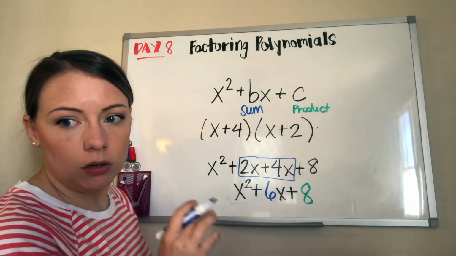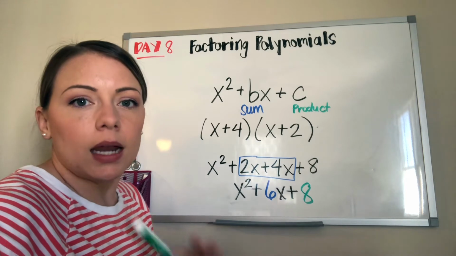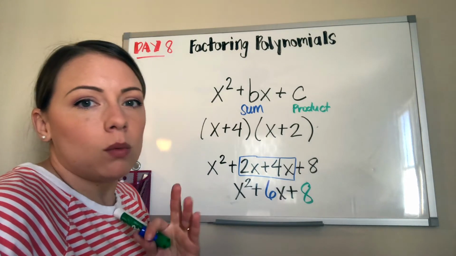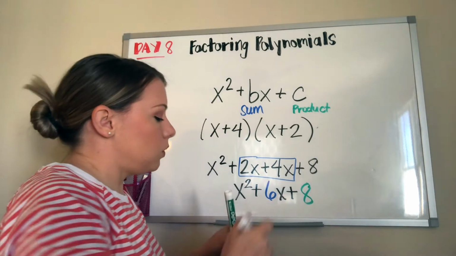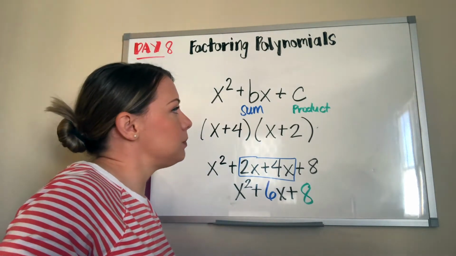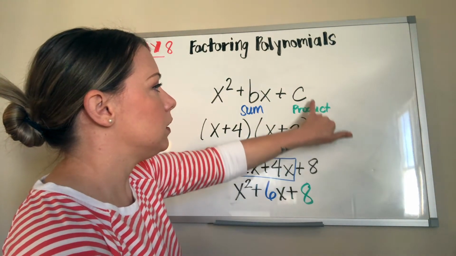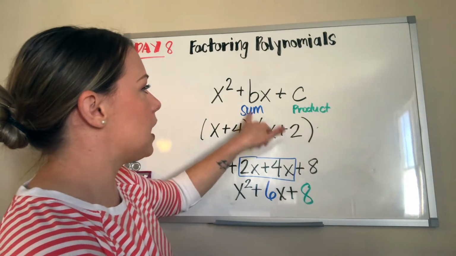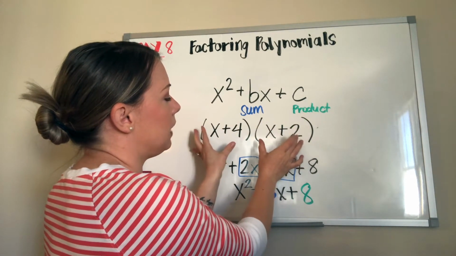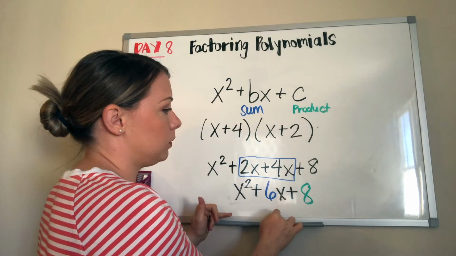All right, so in your notes, you should be on the first page about halfway down, and I'm going to start looking at the table about what's called factors. That table lets me take information from the product of C and the sum of B to figure out these two binomials that created the polynomial.